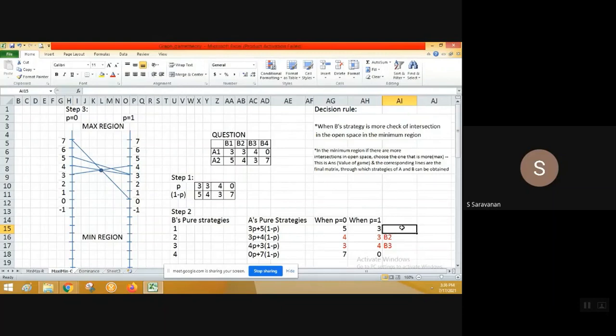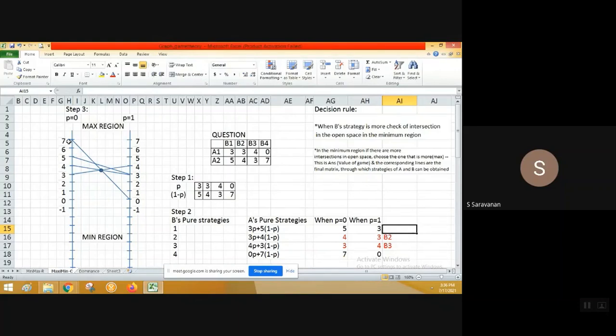Now you have to draw a graph, the same way as in the last problem, for P equal to 0 and P equal to 1. Check which is the maximum and which is the minimum value for the scaling. Minimum is 0, maximum is 7. I started from minus 1, not an issue.